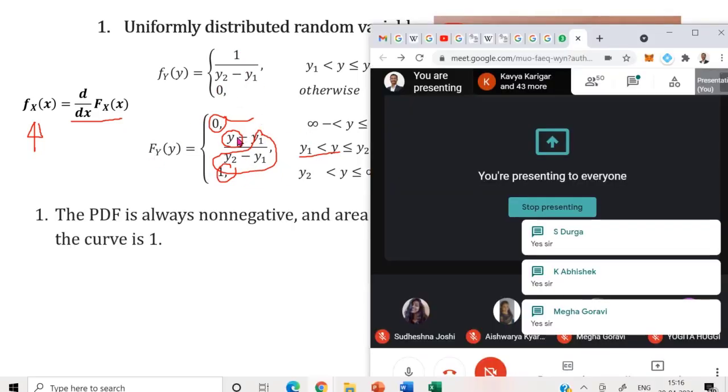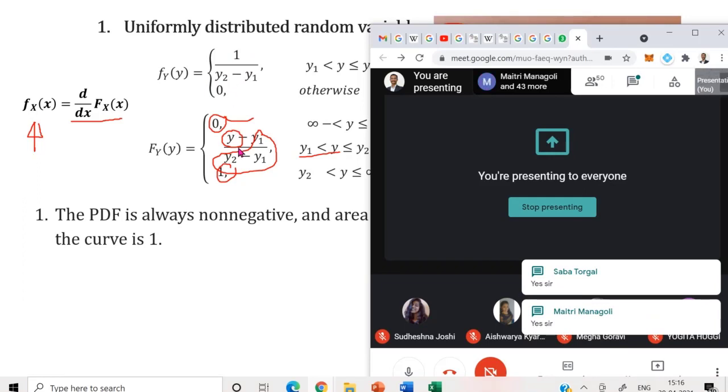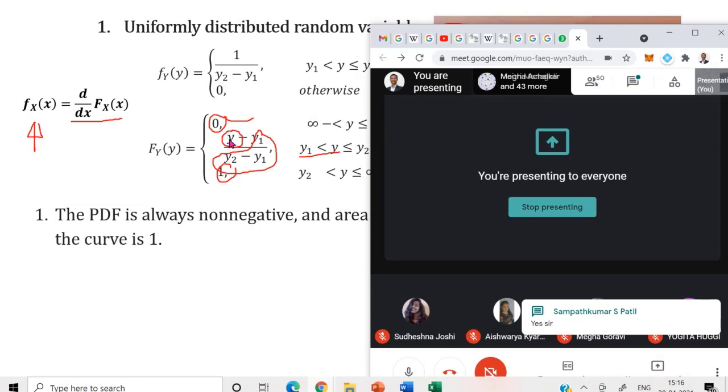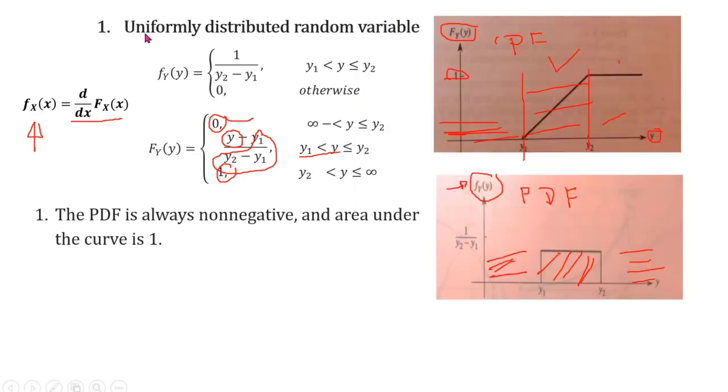For this cumulative distribution function, this will be the probability density function. How have we obtained it? Just differentiate this. The differentiation of y is 1, then the differentiation of y1 is 0. Then we get 1 divided by y2 minus y1. It is a constant, written as it is here. Other than this range, the PDF will be 0. So this is the complete explanation regarding the uniformly distributed random variable.